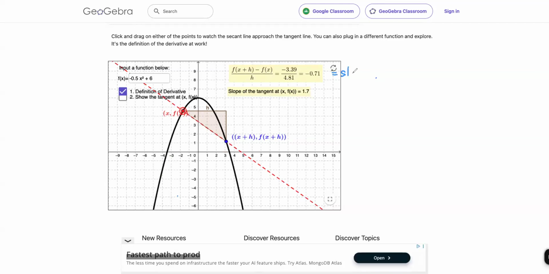This is the slope of the secant passing through x comma x plus h. Any questions? This is also called the average rate of change.